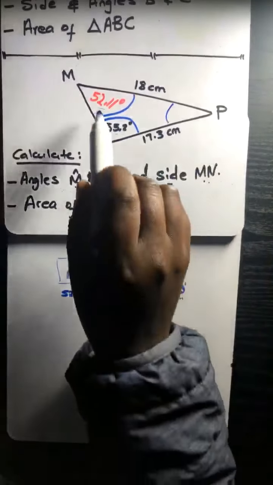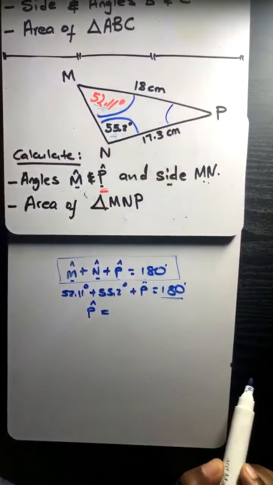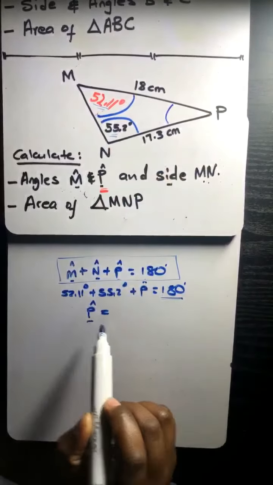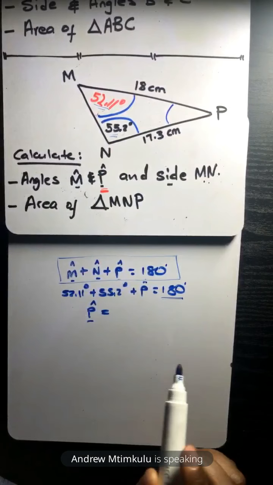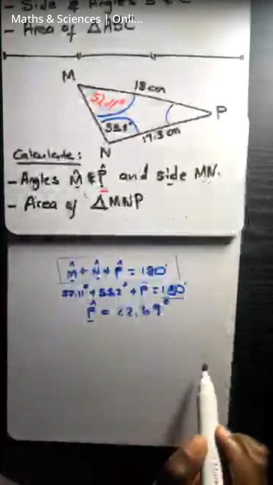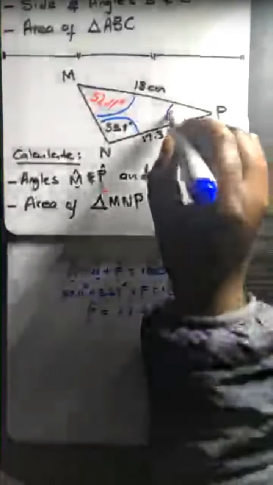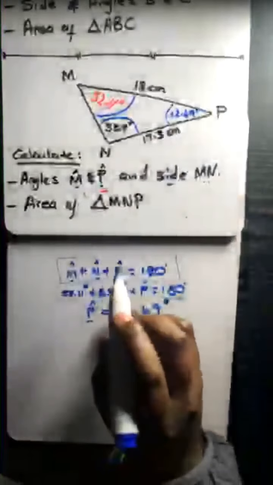So now, what is that angle? 72.69 degrees, sir. 52? 72, sir.